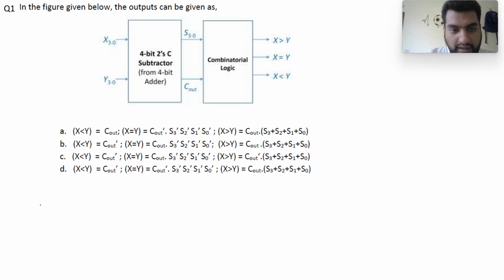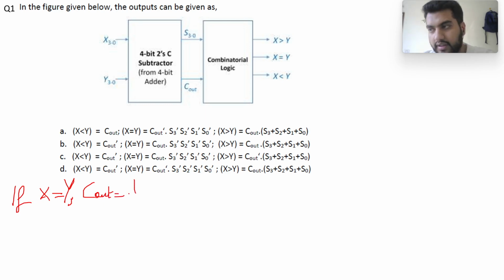So we know that if x is equal to y, C out is equal to 1, and also this condition is true for x greater than y. If x is equal to y, C out is equal to 1.